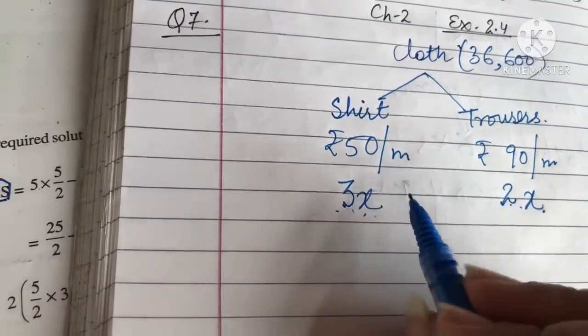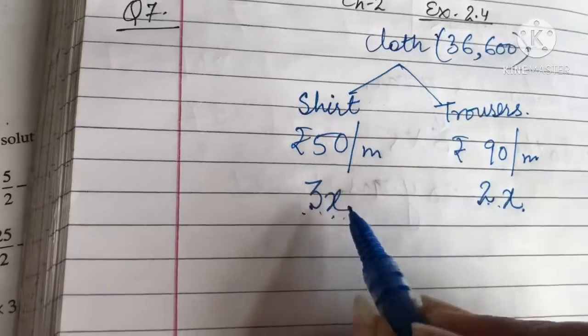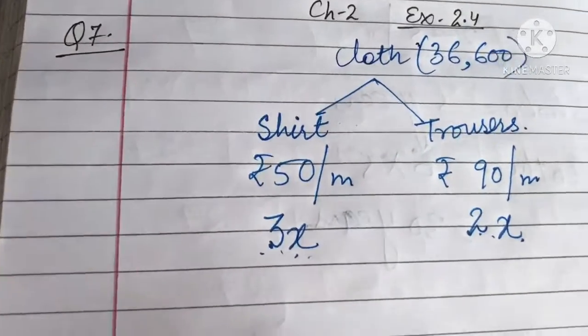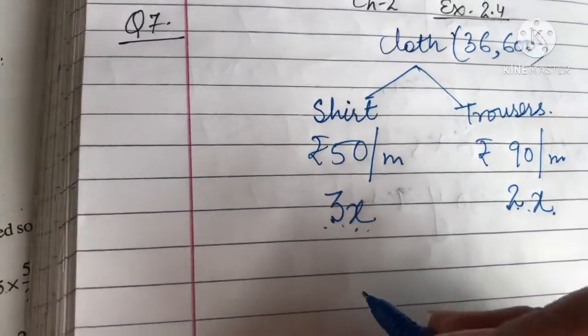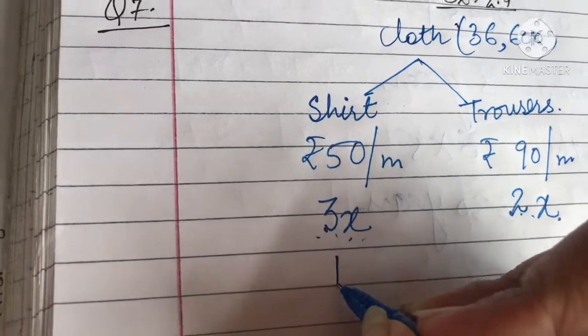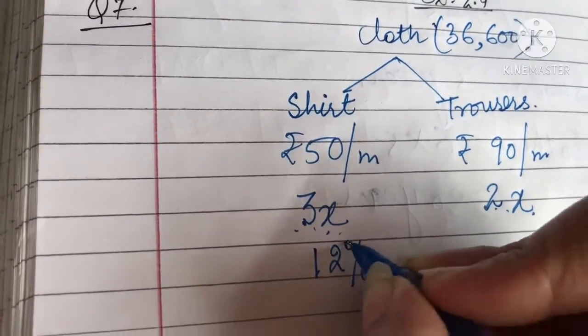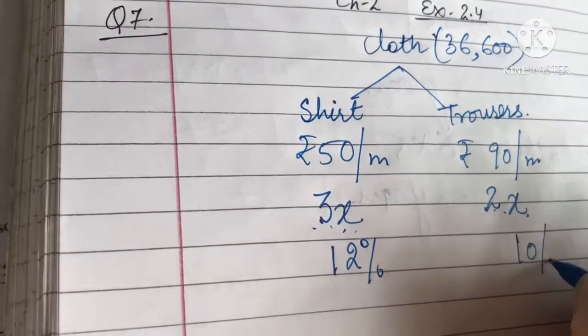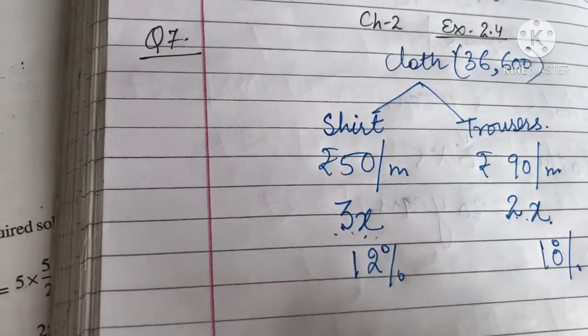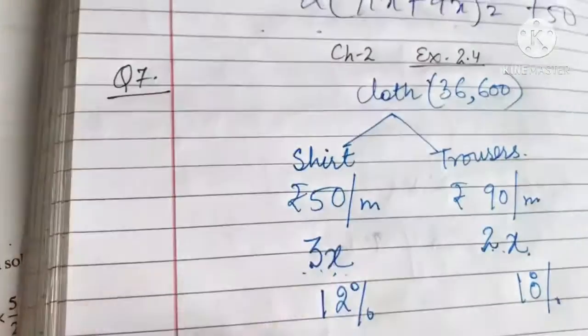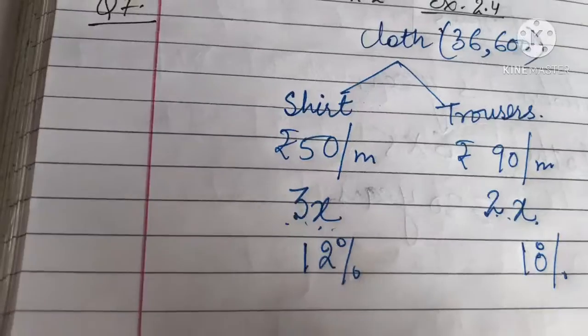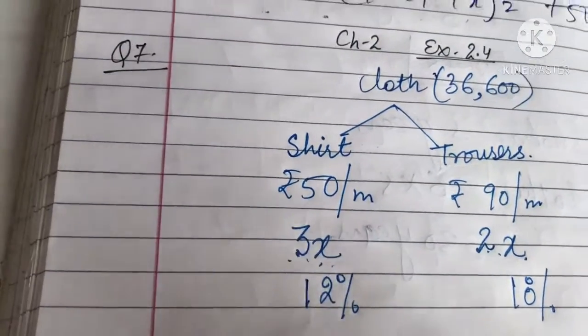So 3 meters and 2 meters is a ratio 3:2 and it is going to remain the same. Now he earned a profit of 12% on the shirt material and 10% on the trouser material. So this is the total information which we have about this question.